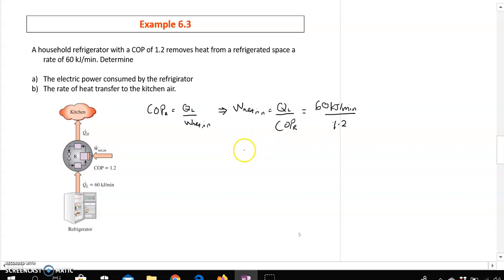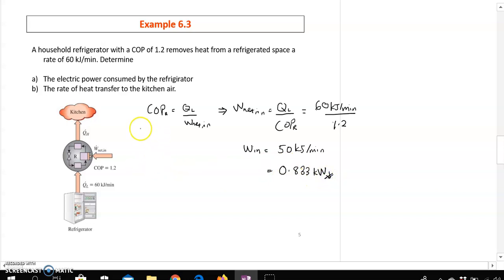So your W net in is equal to 50 kilojoule per minute, or you can convert this to kilowatt. Change the unit because we want kilojoule per second. You will get 0.833 kilowatt. This is the answer for part A.